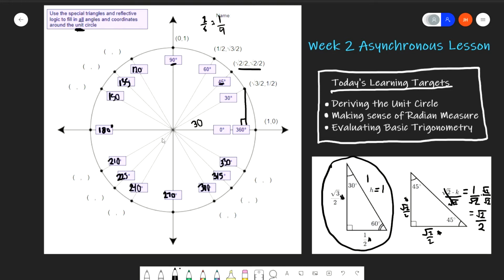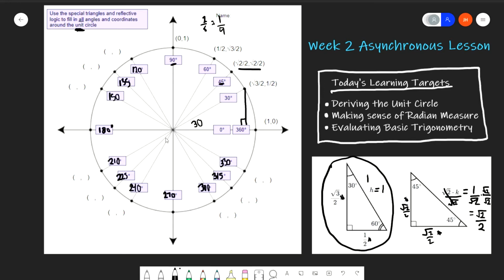Don't bother memorizing the whole unit circle. What's more important is that we understand how the unit circle was derived. This is why I'm teaching you guys how to derive it. Because if I can understand where these different measurements around the unit circle come from, then I don't have to memorize it. I can just always remember how I got to this unit circle, and that will help me out in the future when I'm evaluating trigonometric functions and so on.